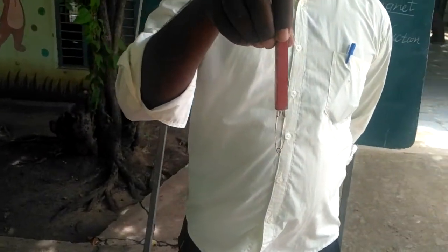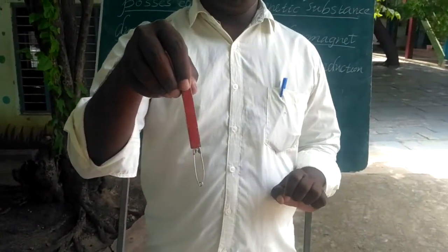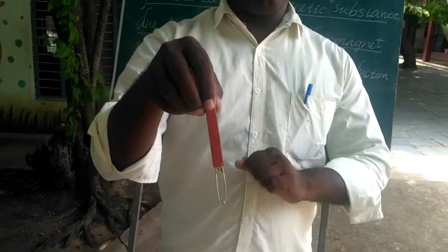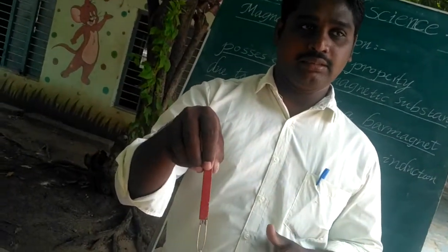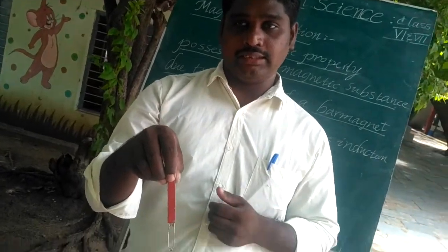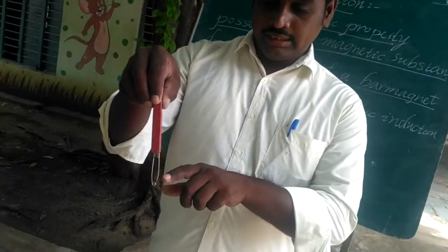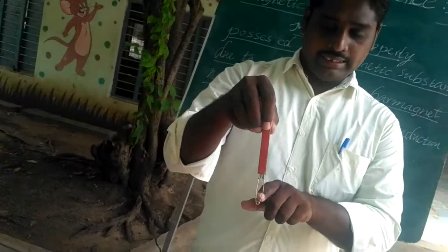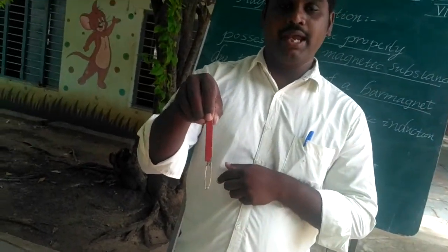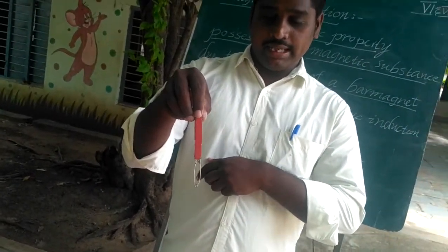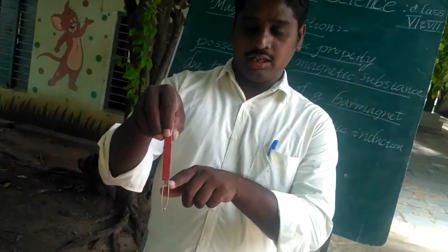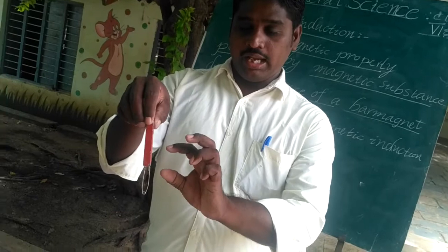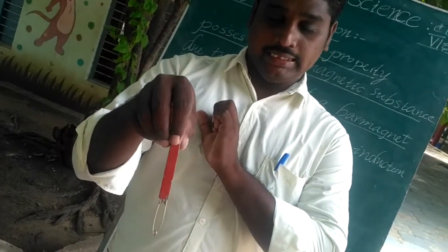What is the reason? We know that opposite poles, that is unlike poles of two magnets, attract each other, and here the safety pin acts as a magnet. So an opposite pole is created on the end of the safety pin. The unlike poles attract each other.